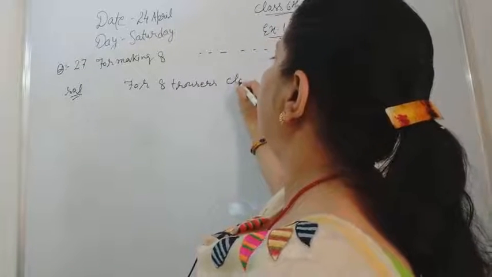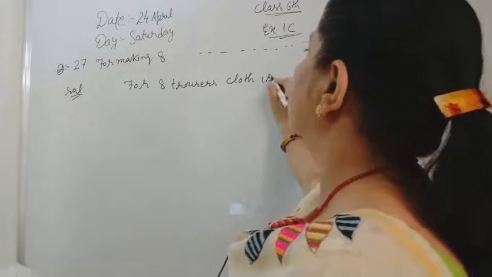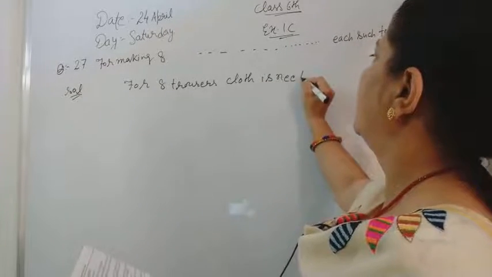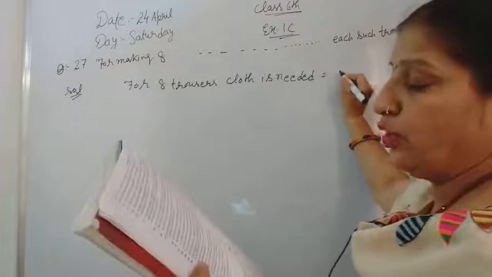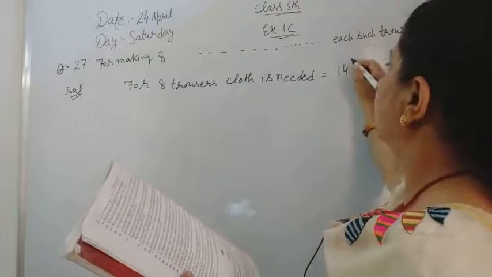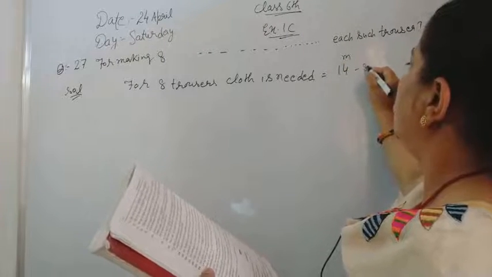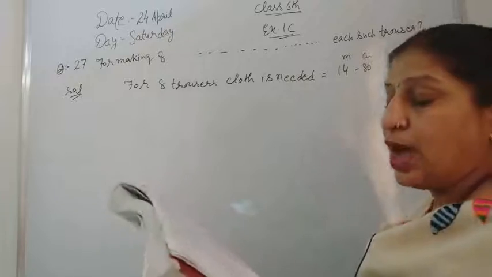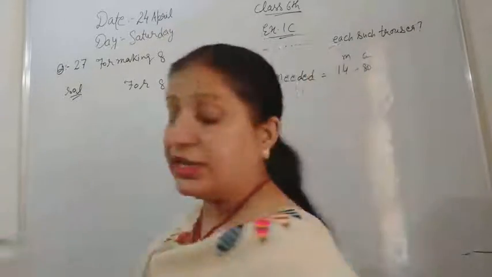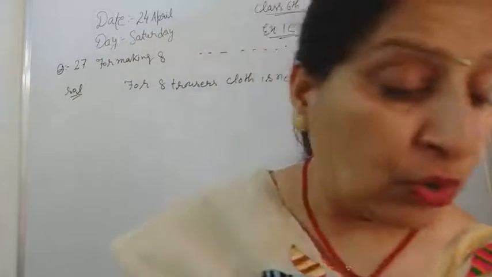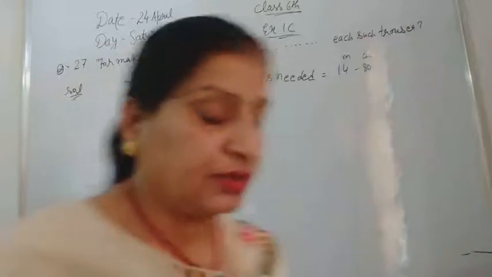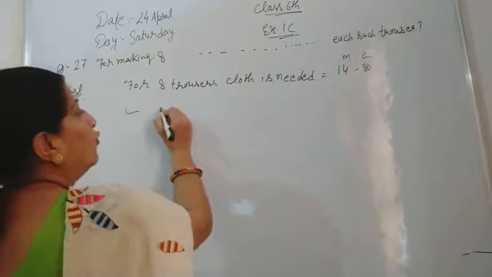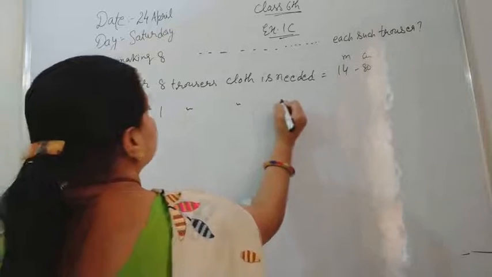Cloth is needed, that is equal to 14 meter 80 centimeter. Now we have to find how much cloth is needed for 1 trouser. For 1 trouser cloth is needed.